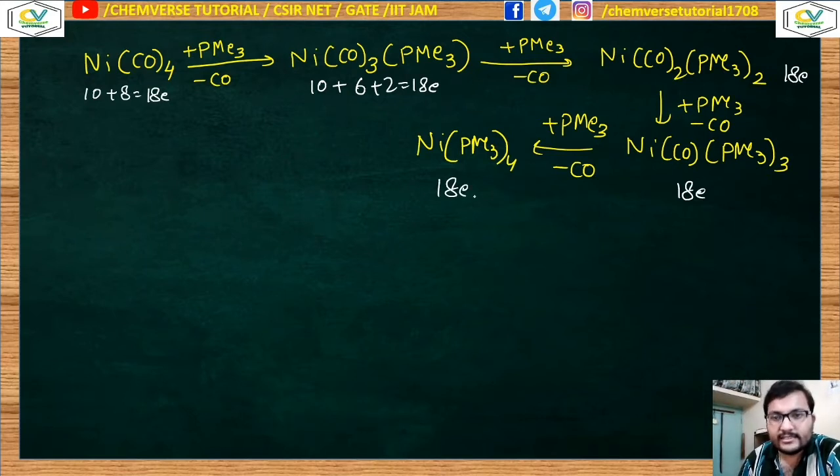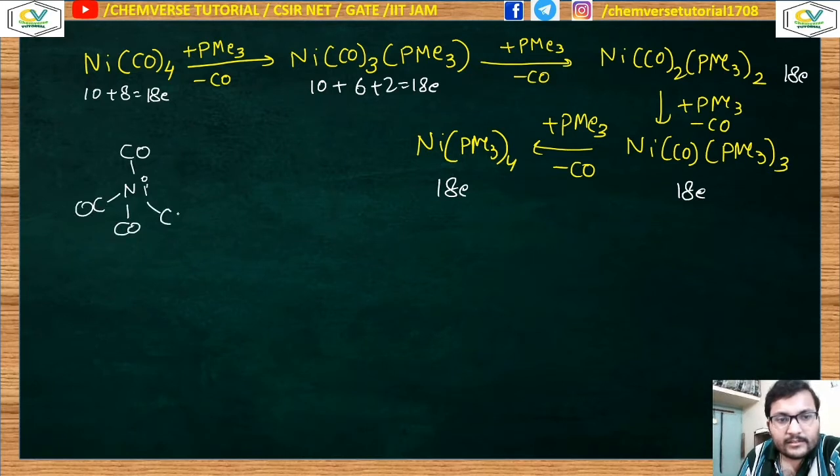So in all cases, the 18 electron complex is subject to the substitution reaction, and whenever an 18 electron species is present, that will prefer the dissociative pathway. So for the first step, among the 4 carbonyls, one of them is broken first.